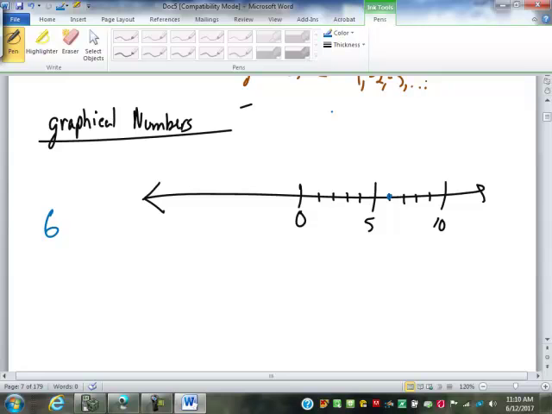One is I can just put a dot at 6. Well, if I'm just trying to represent the value, that's the most efficient way to do it. But if I'm going to use it in an operation, it doesn't help us do anything. So another way to represent it would be like this. Start out at 0 and make an arrow to 6. That is called a vector. And a vector is just a really fancy word for an arrow that starts at 0 and goes to that number.